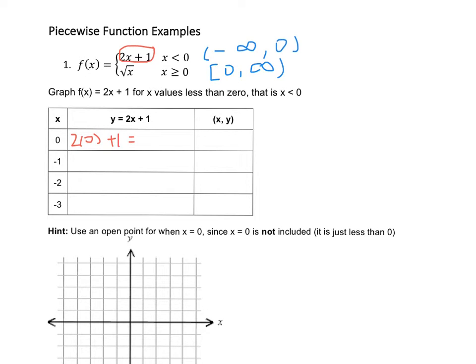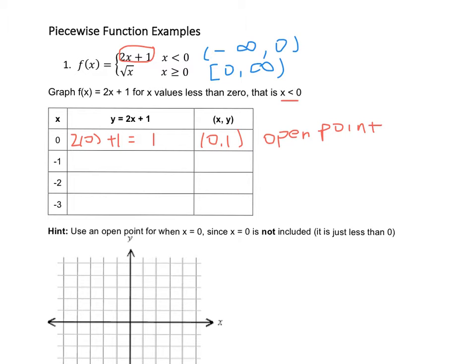Well, 2 times 0 is just 0, so we end up with just 1, and that gives us the point (0, 1). Before we move on, I do want to point out that 0 is not actually included, right? It's strictly less than 0. So when we go to graph this, we want to remember that that is going to be an open point. We're just going to use a circle instead of a filled-in point because that's not what the function is defined for x equal to 0.